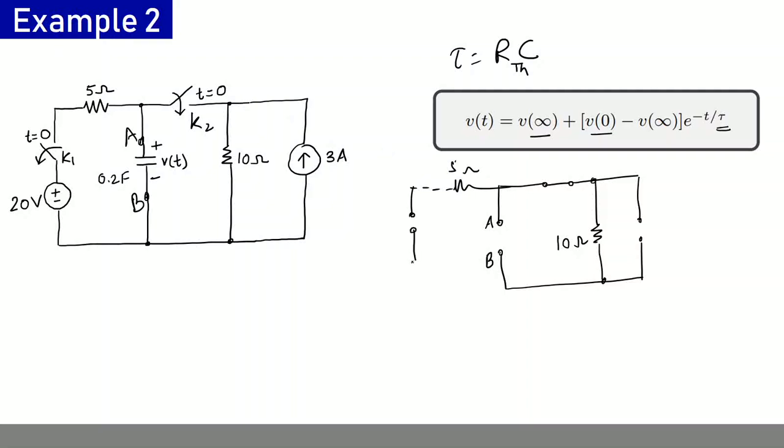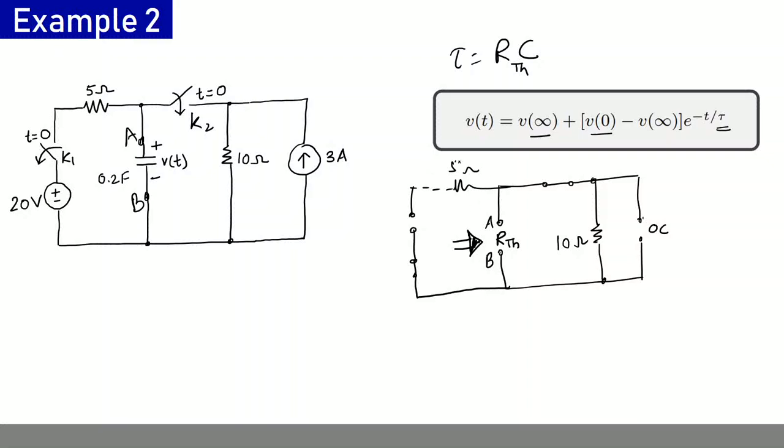So it was off, and we need to de-energize the whole circuit. So the voltage source is de-energized by replacing it with a short circuit, and the current source is de-energized by replacing it with an open circuit. So now we should see the net resistance across these two terminals, and that net resistance will be equal to RTH.